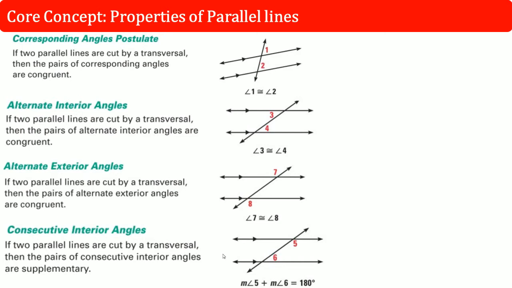But if they're consecutive interior angles, we set up the equation that they add up to 180 degrees. You cannot do this without memorizing these four. If you would like to understand why, please watch the video prior to this that explains how we got to these properties using the rules of transformations.